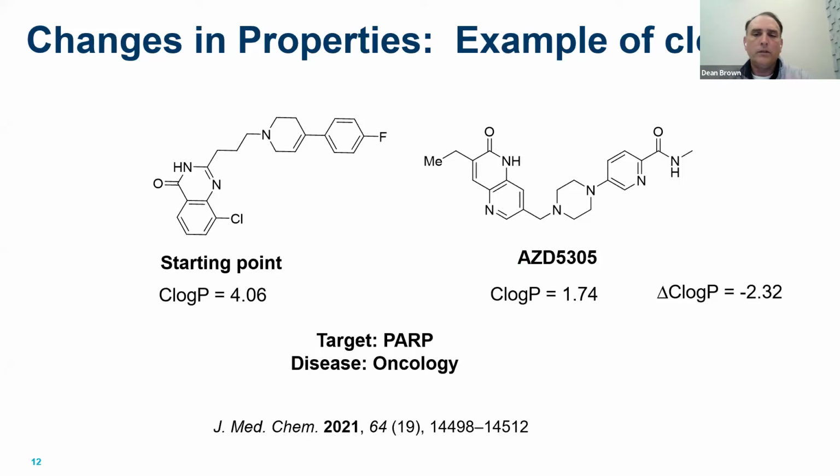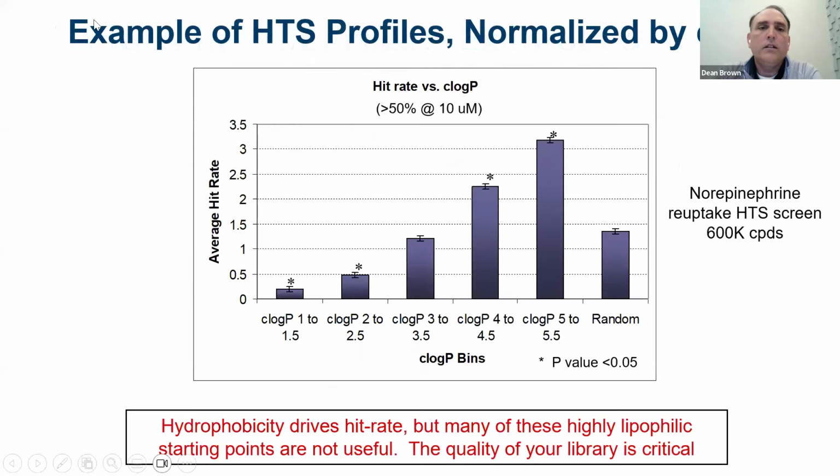And I want to build this case a little bit more and show you at least one slide of unpublished work that we did at AstraZeneca. And this also exemplifies many other HTS screens. I worked very intimately with our HTS screens at AstraZeneca, and we did a lot of them, of course. This is one example, but most are like this.